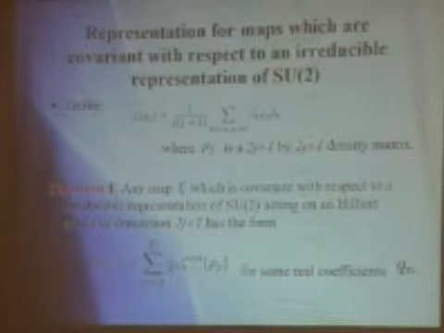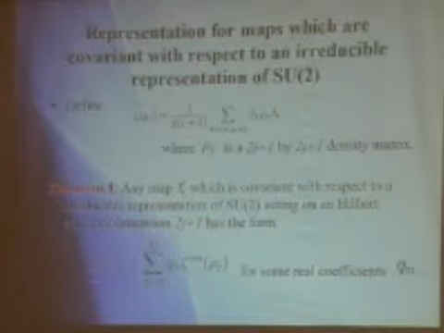Then what I say is that any map chi, which is covariant with respect to the irreps of SU2 that act on some space of dimension 2j plus 1, has a polynomial form with respect to the map zeta. So chi can just be written like this.